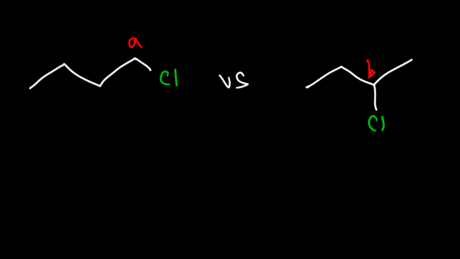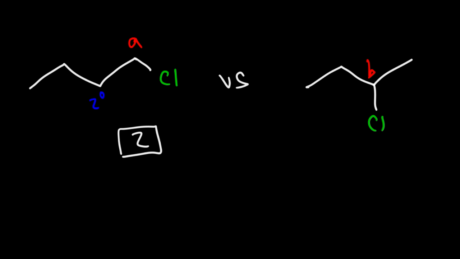Here's another question for you. Which carbon atom will have a higher chemical shift, carbon A or carbon B? Both of them are attached to a chlorine atom. What would you say? Well, because the functional group is the same, we need to use the score system to determine the answer. Carbon A is adjacent to a secondary carbon, so we're going to give it a score of 2.